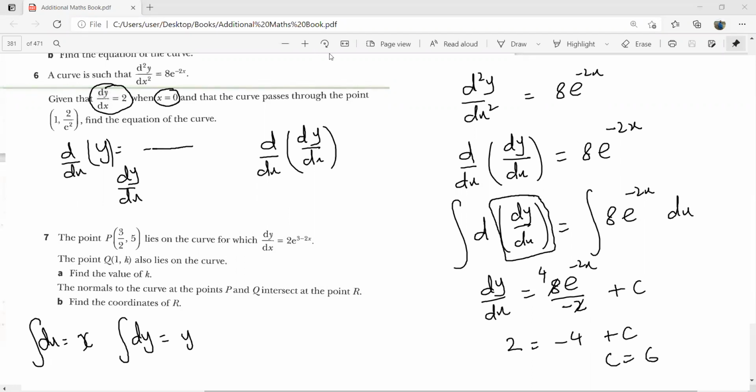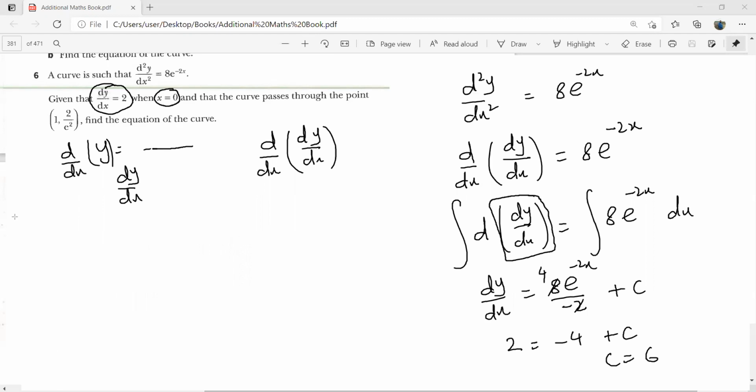Now, we have the equation so far. We have got dy by dx equal to minus 4 e raised to power minus 2x plus 6. We have got this.